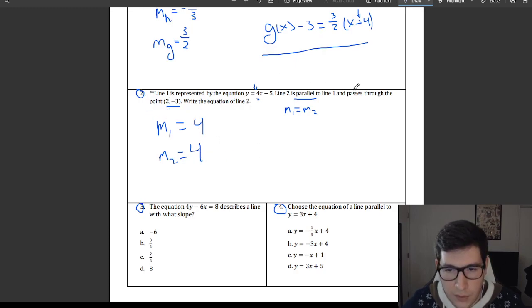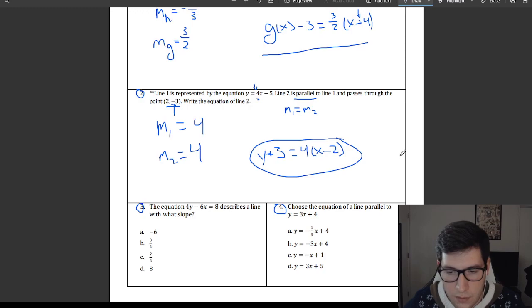Now, we are not given exactly what variables we have to use, so we can go ahead and say that y plus 3, again, always keep note of our negatives and what it's going to do to our equation. So y plus 3 is equal to 4 times x minus 2. And that's as far as I have to take it. That's our lovely parallel equation.